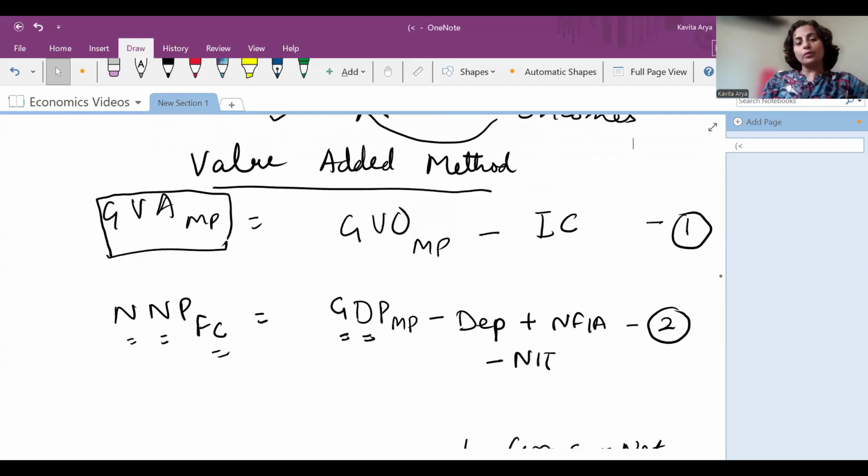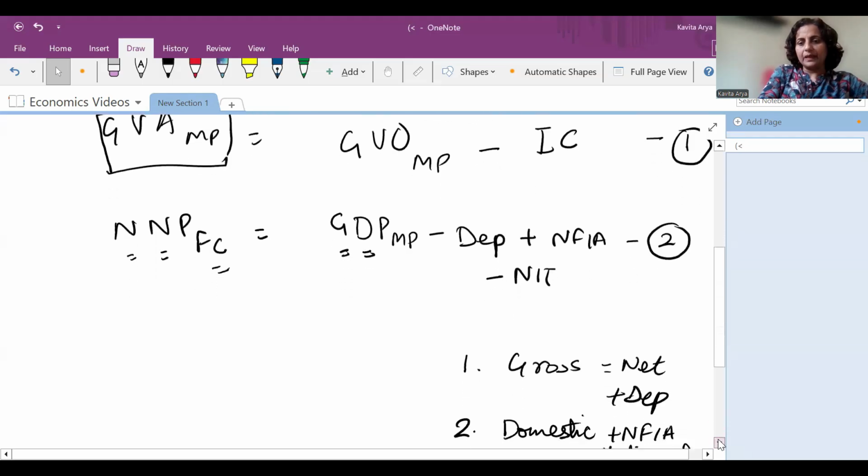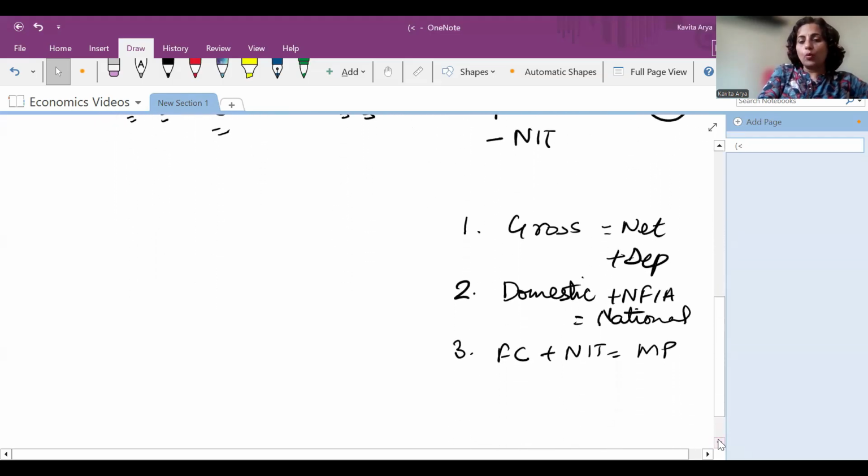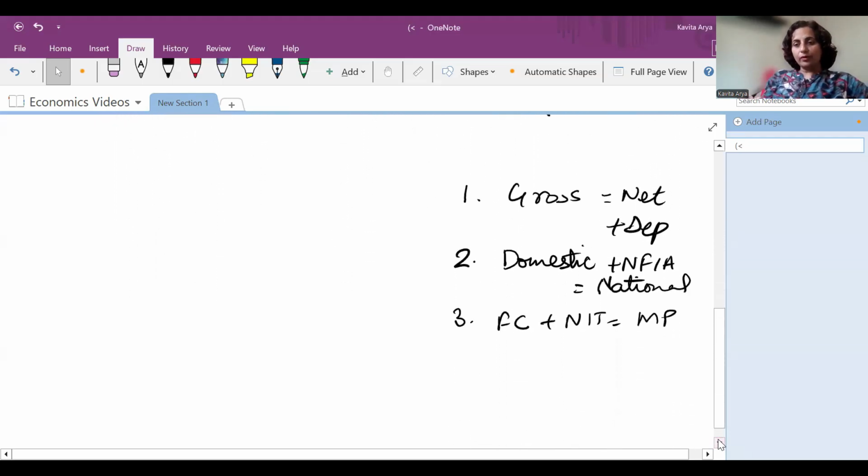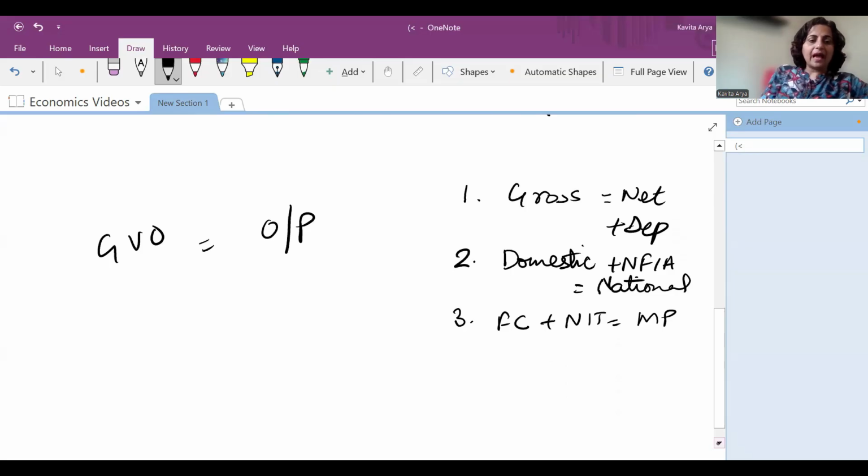Now let's talk about the rationality behind what is GVO, what is GVA. GVO stands for gross value of output. GVO is the output of any economy. And GVA is the value addition which has happened in the economy.